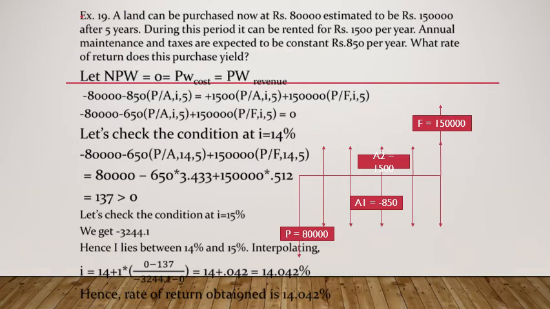We have already solved this problem using the IRR method. How do I solve? This is what I have explained here. First I will retain the 80,000 as P. I will convert every cash flow into PW.